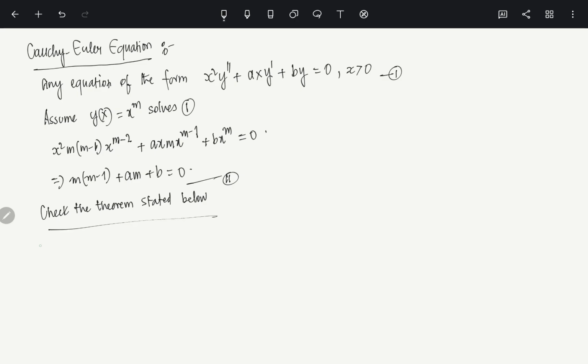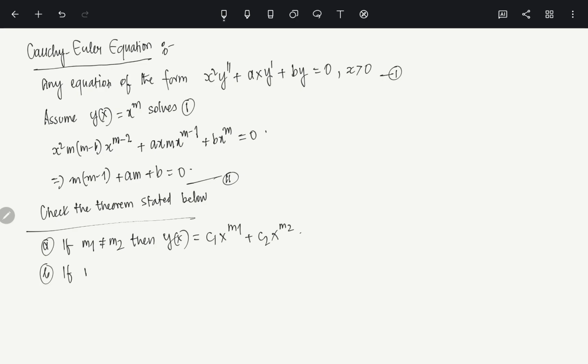If there are 2 roots m1 and m2 such that m1 is not equal to m2, then the general solution y of x should look like c1 times x power m1 plus c2 times x power m2. Clear? So you have to do this part.